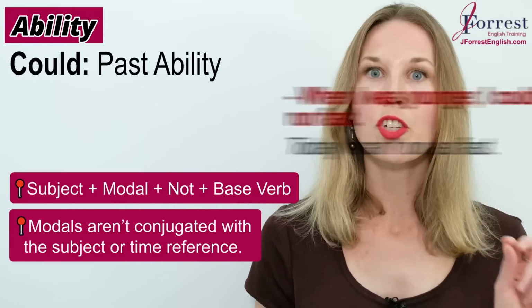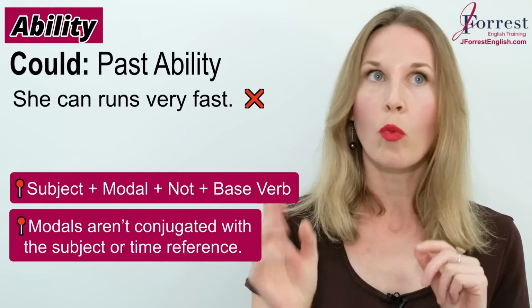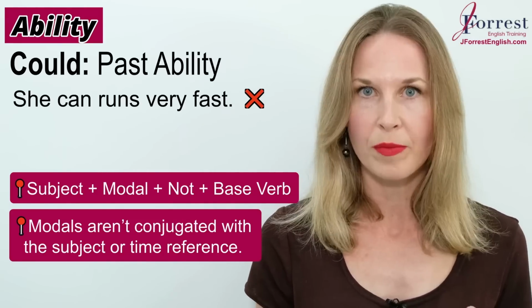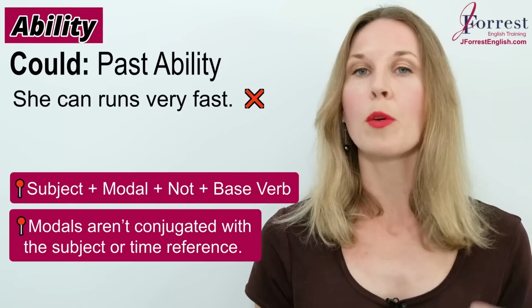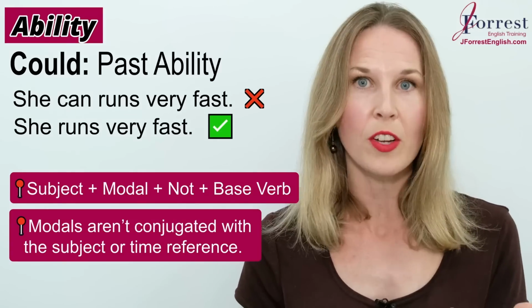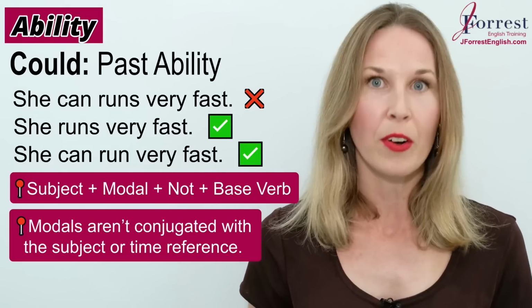So don't say she can runs. You don't conjugate run with the subject she. You don't conjugate it at all. Of course, without the modal in the present simple, she runs very fast. You would conjugate it, but with the modal, she can run very fast.